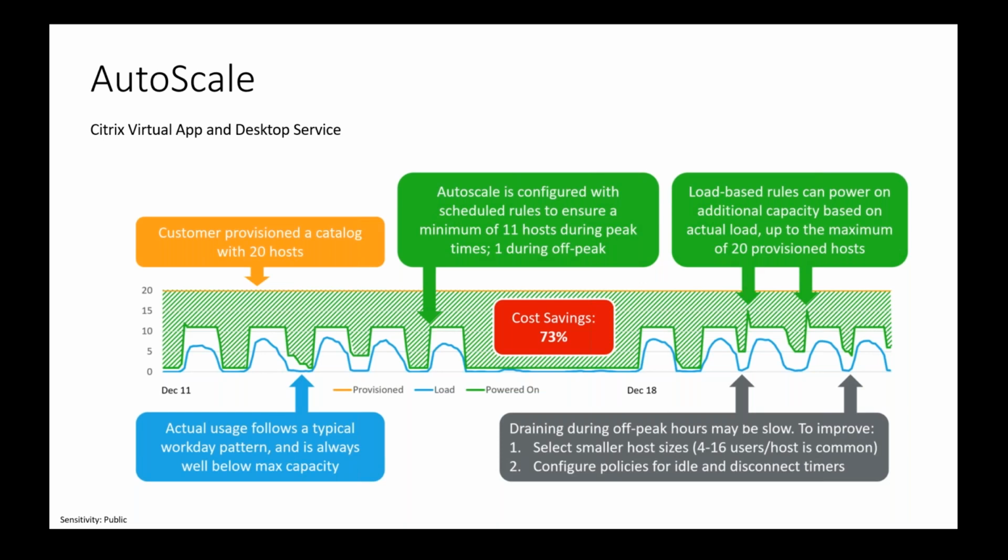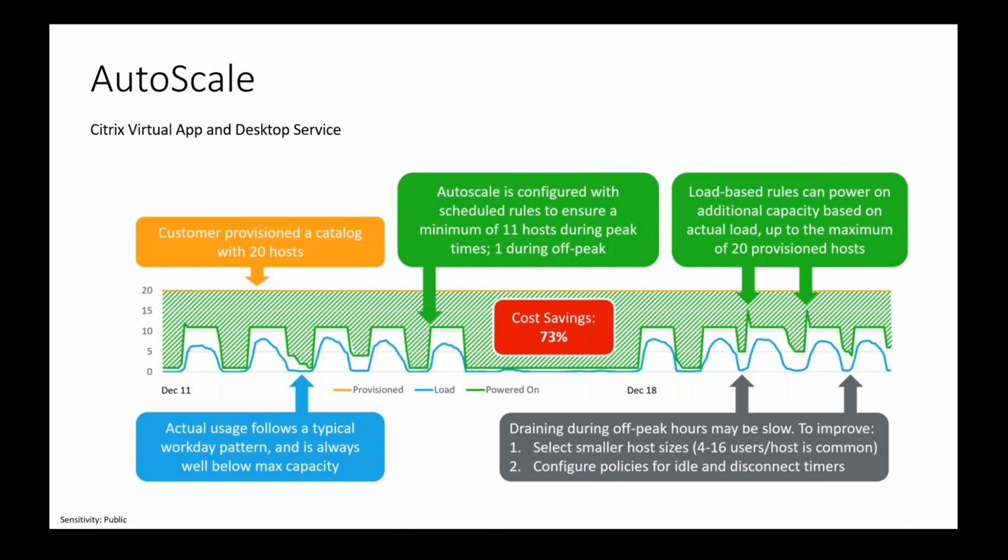We need to have the right mix of policies for disconnect timers. So we don't want to let somebody linger for longer than we feel necessary from a business perspective on that machine, so that we can log that user off and reduce the user count eventually to 0 on that machine, so that it can be turned off and deprovisioned.